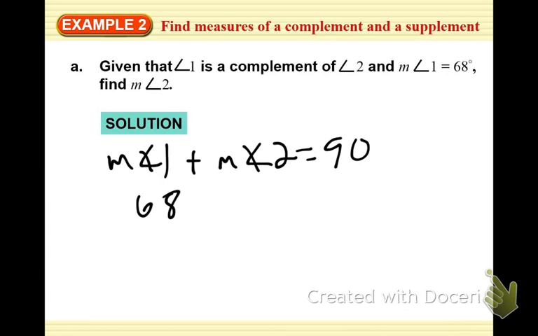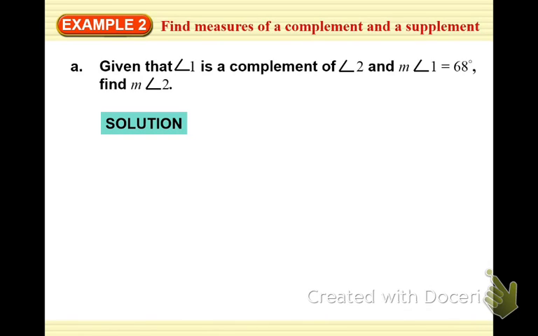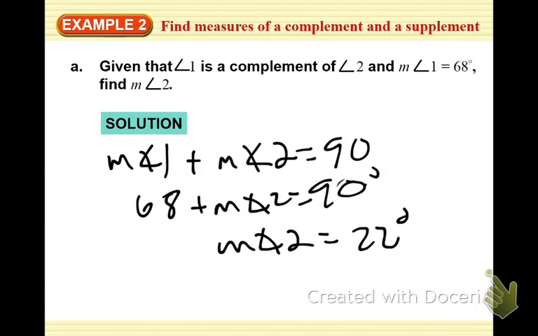So if angle 1 is 68, that means the measure of angle 2 is simply going to be, oh, not 98, 90. Yeah, 22. Okay? So just know that the complementary tells us something.